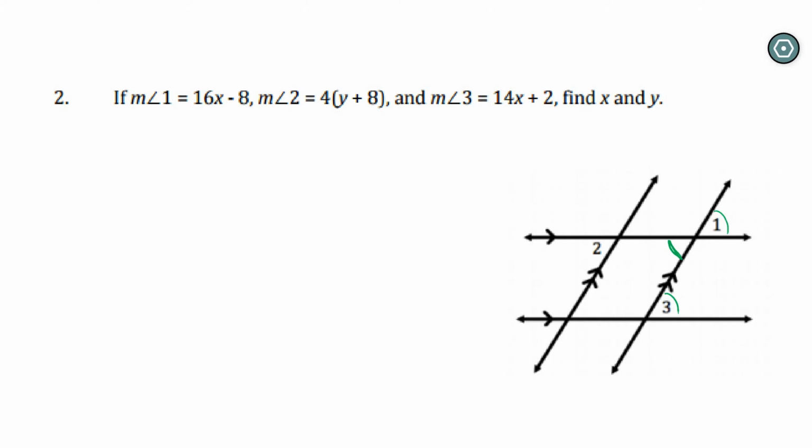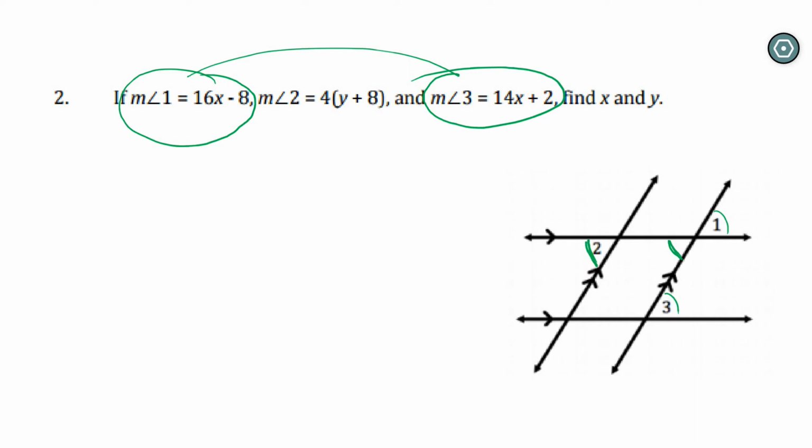And then these are also corresponding from the other set of parallel lines. So essentially, angles 1, 2, and 3 are all the same size. So if they're all the same size, that means I could take any 2 of them and set them equal. Now I'm choosing angles 1 and 3 because they both have the variable x. And that's one of the things I need to solve. I don't want to have an equation that has x's and y's in it.